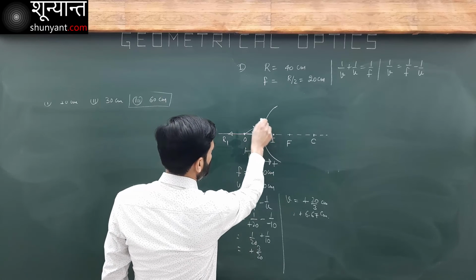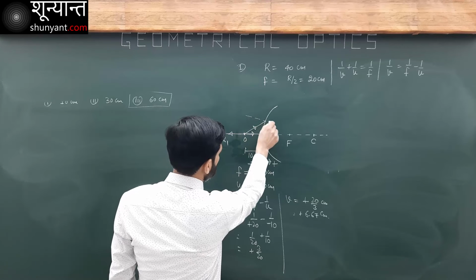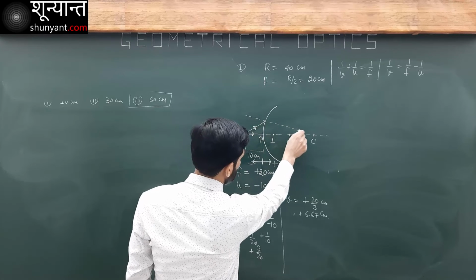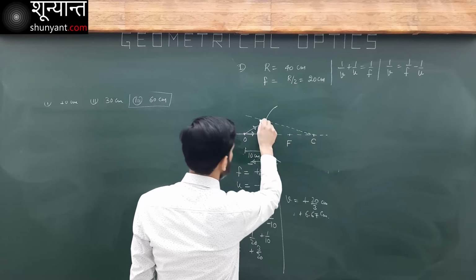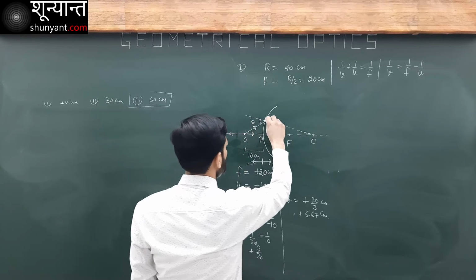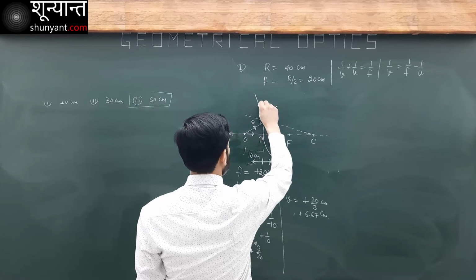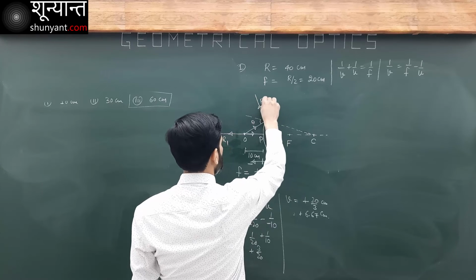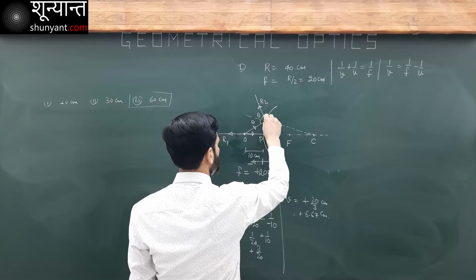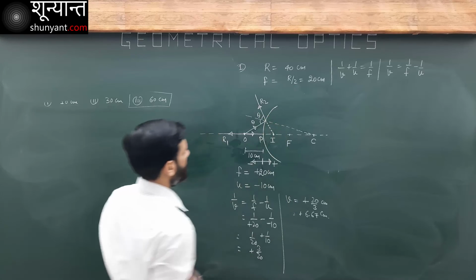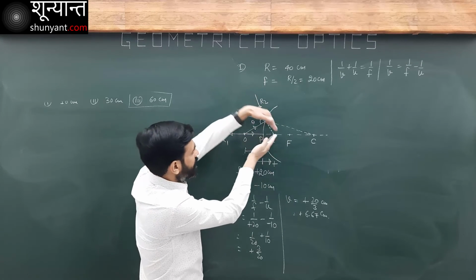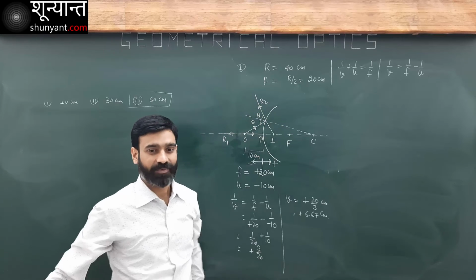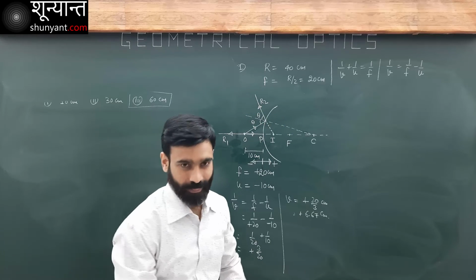Now, what will be the angle of incidence? This is the angle of incidence. Angle of reflection is going to be the same. Light will be reflected like this. This is R2. R1 and R2 are not actually meeting. They appear to be meeting here at this point. That becomes my virtual image.